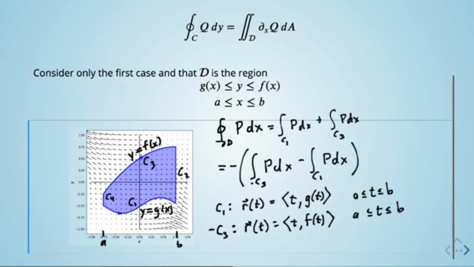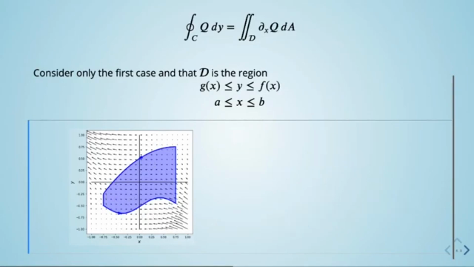We have our parameterization, so the next step is fairly straightforward. We're going to convert these line integrals that we see here into integrals in t. So what I've got so far is that the integral of the whole thing, P dx, right, is going to be minus the integral from a to b, right, and we'll do C3 first, so that's going to be P of x and y, but remember x and y here are t, f of t.